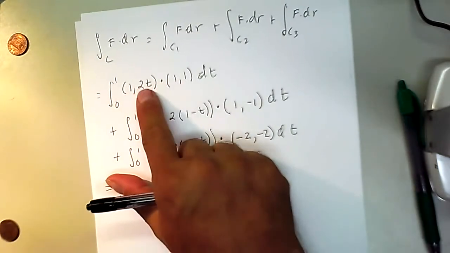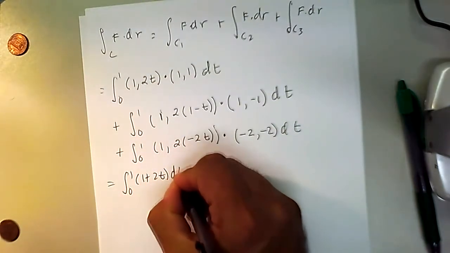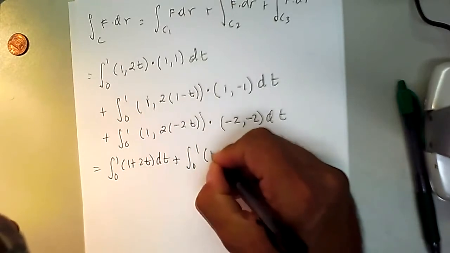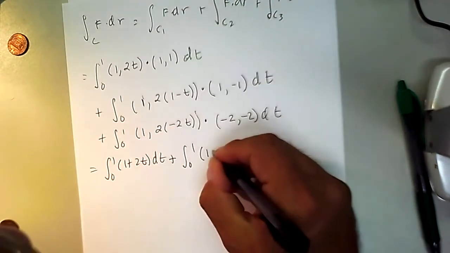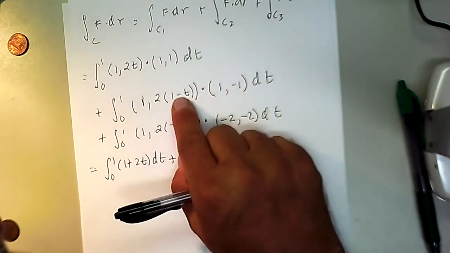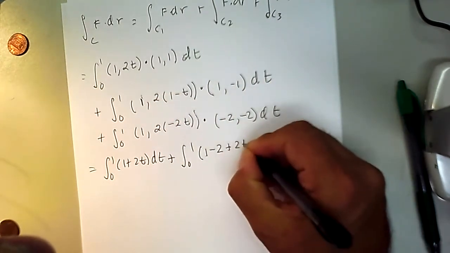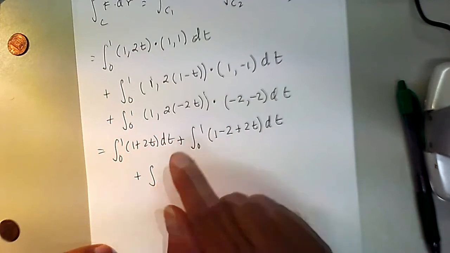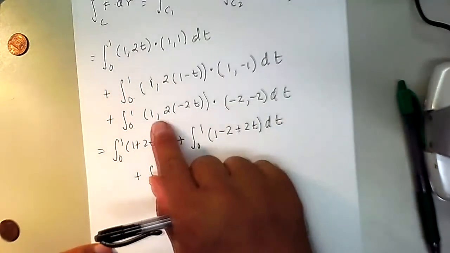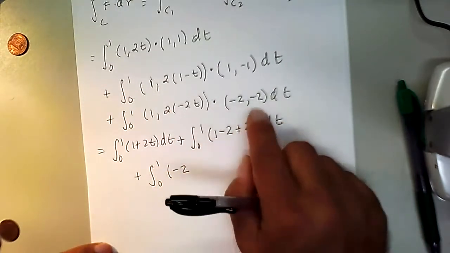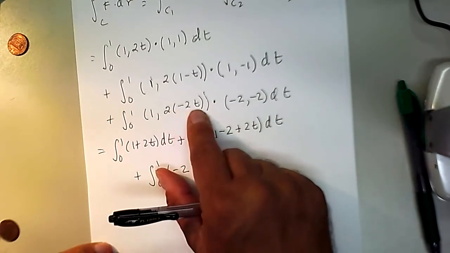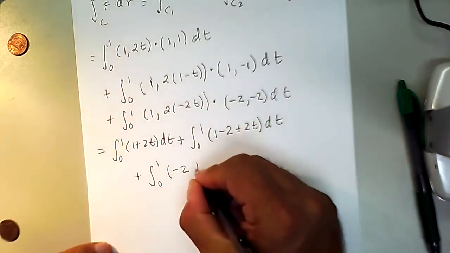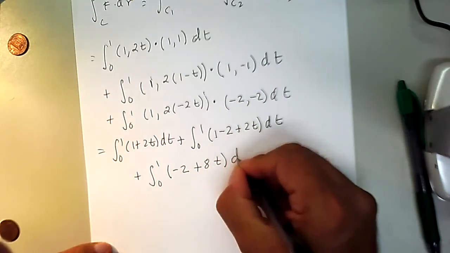And here we have 1 plus 2t dt plus integral from 0 to 1 minus 2 plus 2t plus the integral, so there's 3 of them, path 1, path 2, path 3, from 0 to 1, negative 2, 2 times negative 2t is negative 4t times negative 2, that is positive 8t dt.